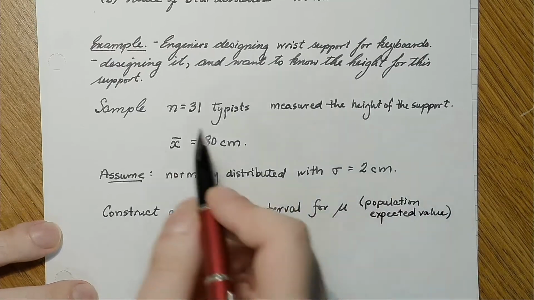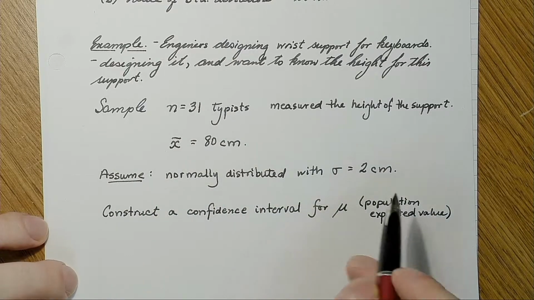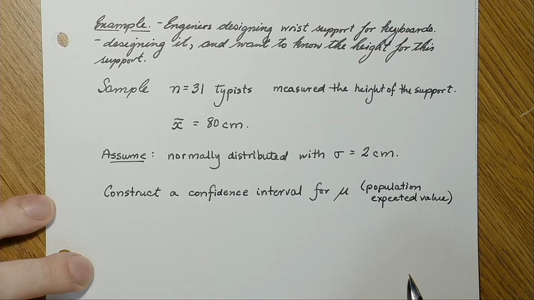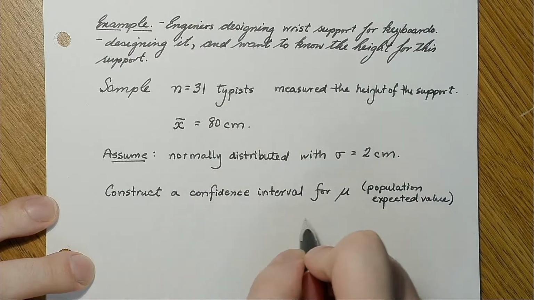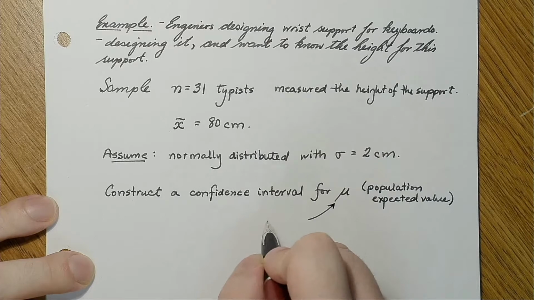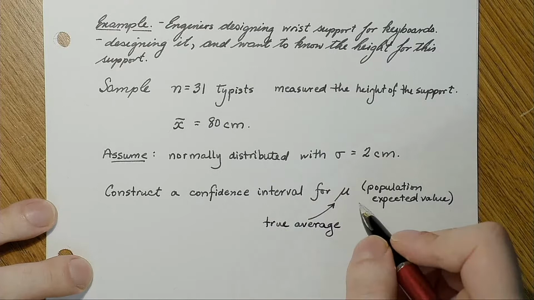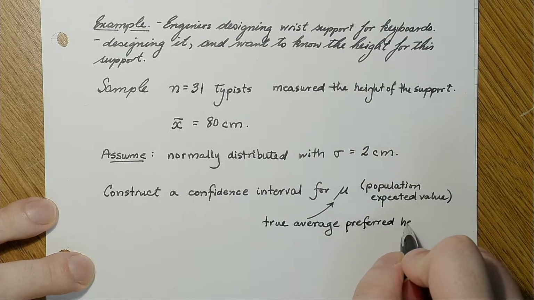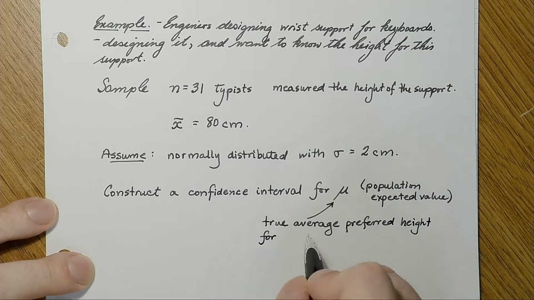Notice what we're doing is trying to go from a sample to inferring what the entire population expected value should be. So construct a confidence interval for mu, which in this case would be the true average preferred height for the population of all typists.